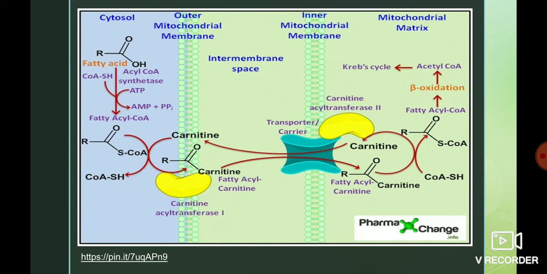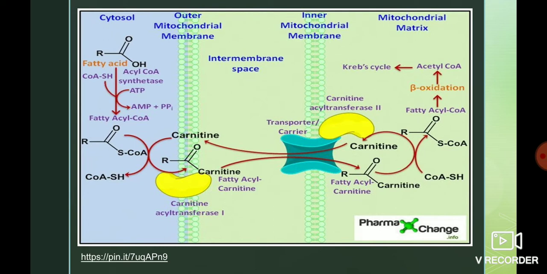Actually, carnitine will shift in the place of coenzyme A. Coenzyme A will be replaced with carnitine, and an acyl-carnitine will be formed, and this whole process is carried out by an enzyme, acyltransferase 1. You can see the yellow bean shaped is showing the acyltransferase 1.